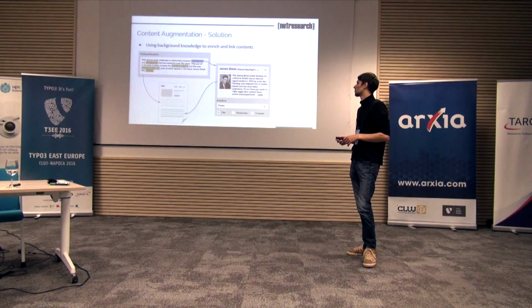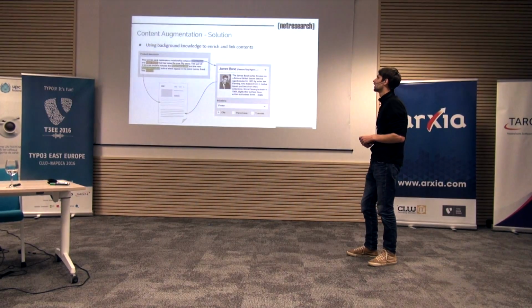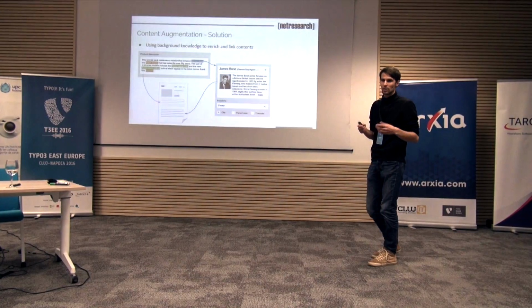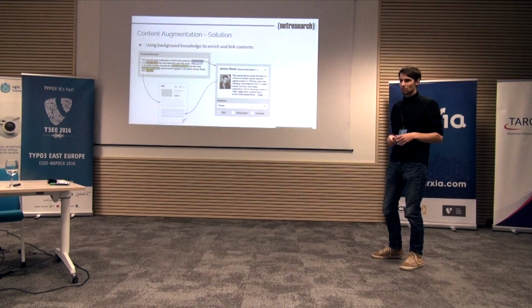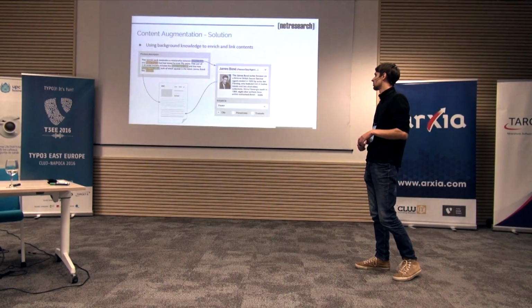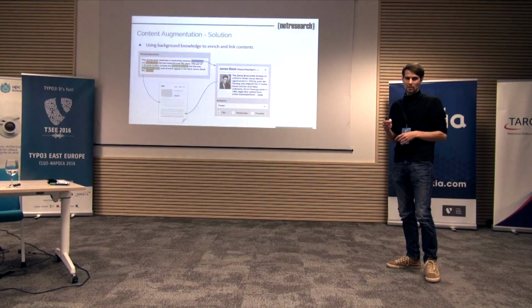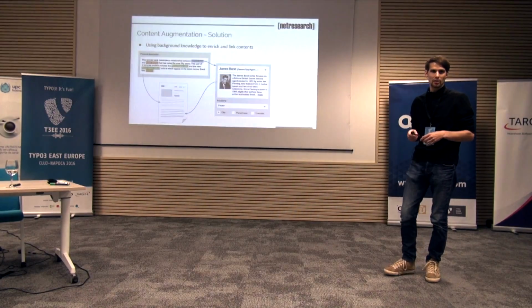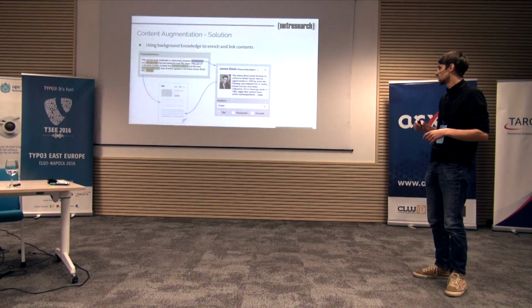For instance, what you see here is that you have a product description, which is about two toy cars, and the content is mined for entities which have background knowledge available, like for instance, in this case, James Bond.